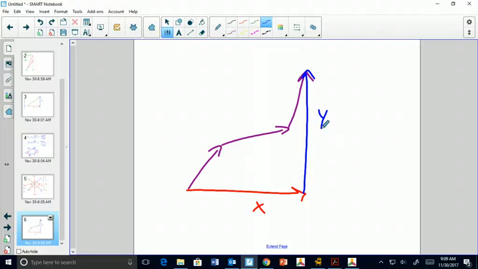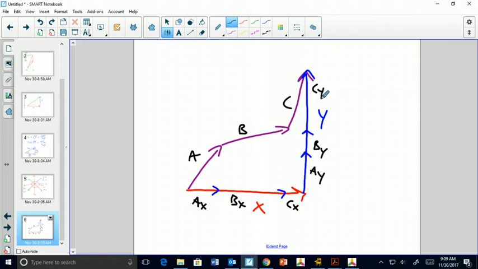I could have found the x for this guy, the x for that guy, and the x for this one. And then the y of this guy, the y of that guy, and the y of this one. I'm simply putting these guys together. This is A, this is B, this is C. So this is AX, this is BX, this is CX, this is AY, BY, CY.